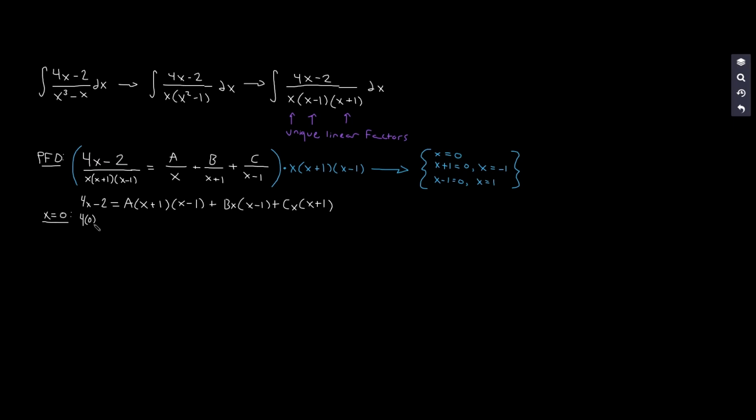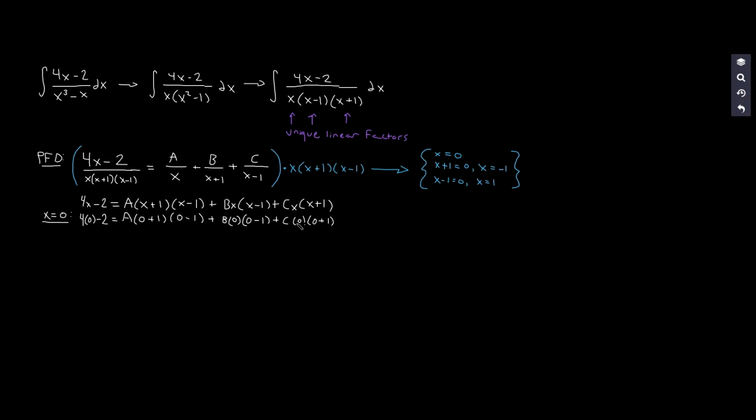Well, then we're going to have 4 times 0 minus 2 equals A times (0 plus 1) times (0 minus 1), plus B times 0 times (0 minus 1), plus C times 0 times (0 plus 1), right?